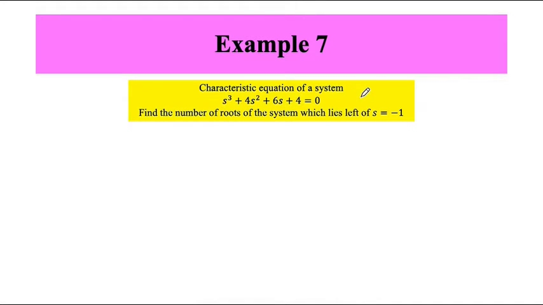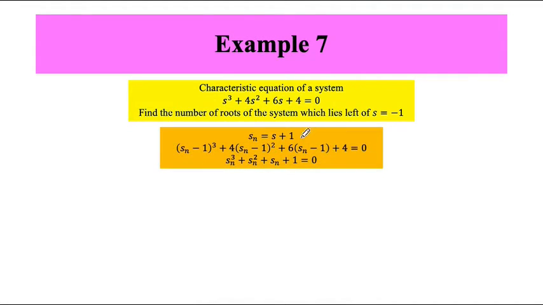So we consider a dummy variable Sn such that Sn is equal to s plus 1. Now if we replace, we write the characteristic equation in terms of Sn. So it will be (Sn minus 1) cubed plus 4(Sn minus 1) squared plus 6(Sn minus 1) plus 4 equals 0. So when I solve it, I will get this equation.